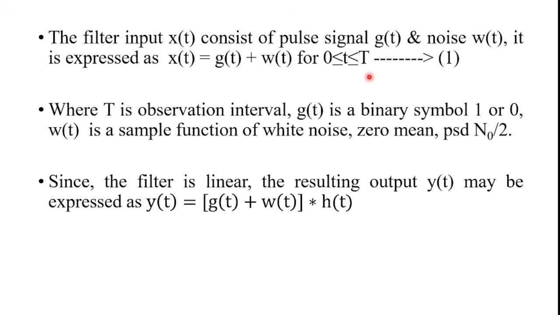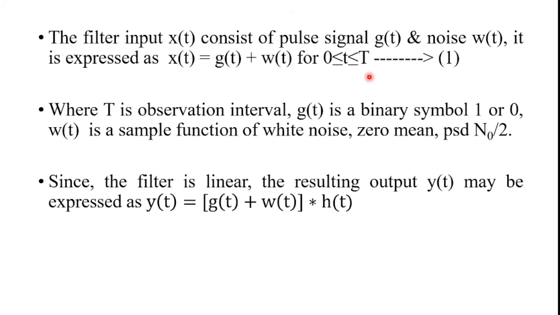The function of the receiver is to detect the pulse signal g of t in an optimum manner, given the received signal x of t. To satisfy this requirement, we have to optimize the design of the filter so as to minimize the effect of the noise at the filter output in some statistical sense.